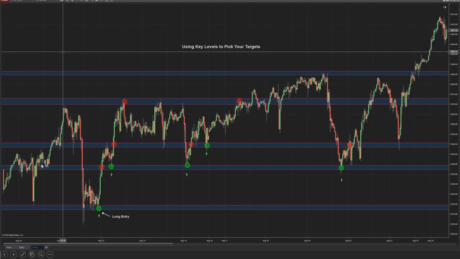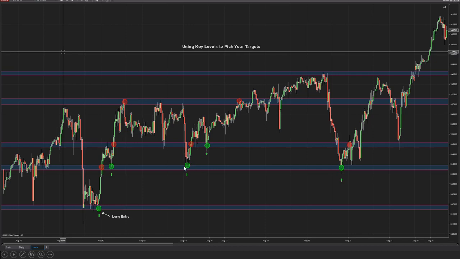We can see from right here it's going to retest this level, so this is a good long entry. Then you could either take profit right at this previous pivot high or anticipate the break and try to hang in there until this prior high. So you guys get the idea, right?